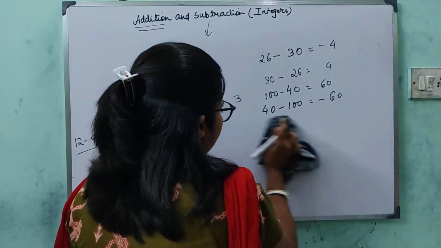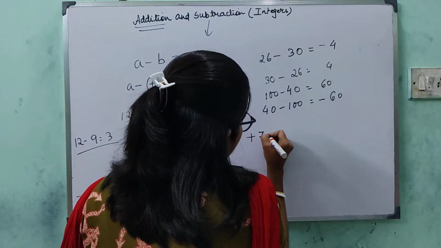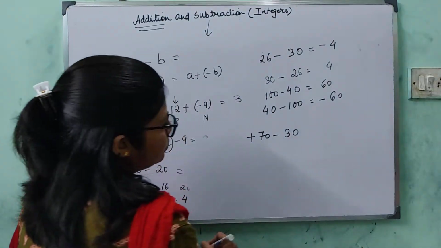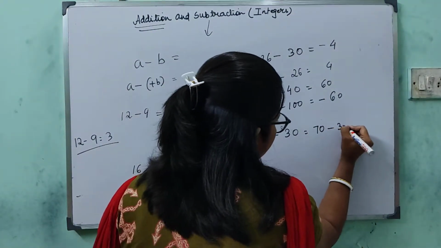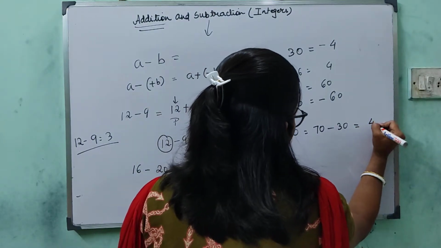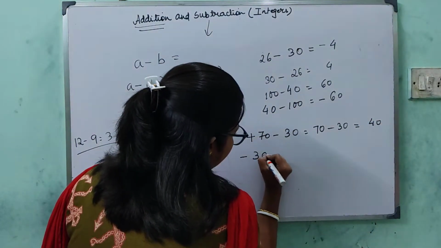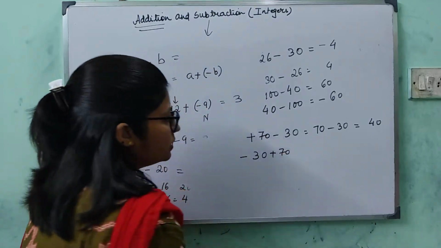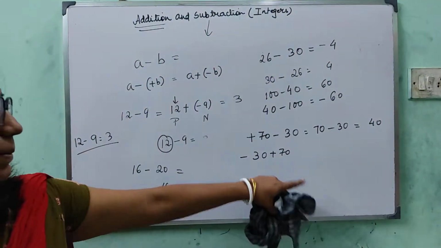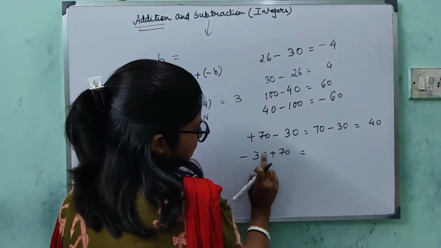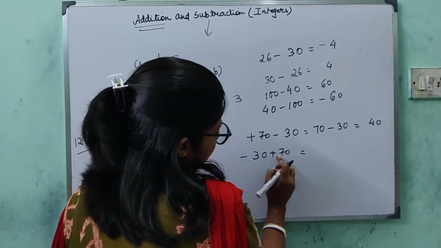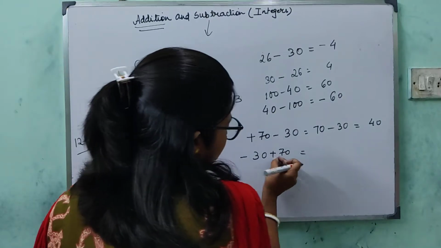What if I say plus 70 minus 30? Plus 70 minus 30 is the same as 70 minus 30, that is equal to 40. What about minus 30 plus 70? I can see the sign before 30 is minus, and here it is, you can say, ma'am, there is no two signs, no?